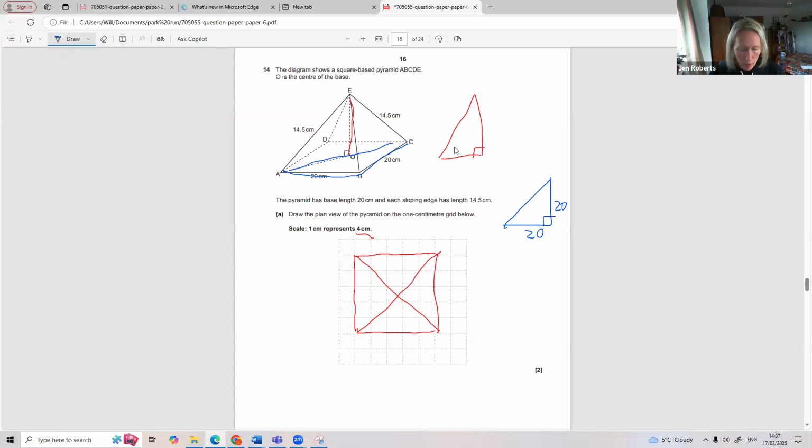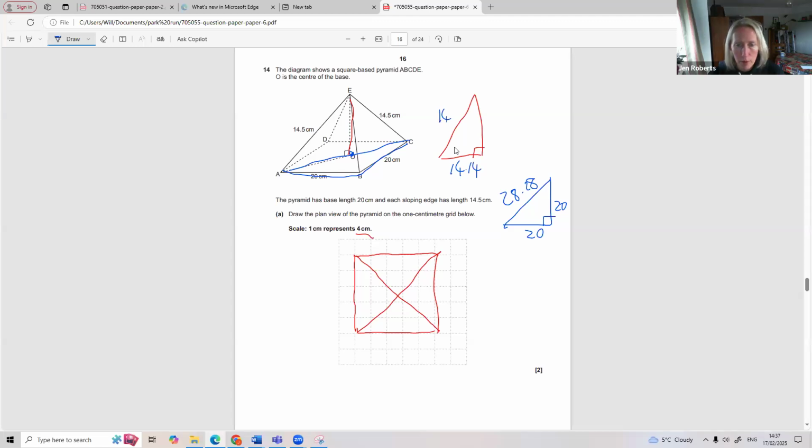So square root of 20 squared plus 20 squared is 28.28. Half of that though, because we want from O to A. Divide that by 2, we get 14.14.